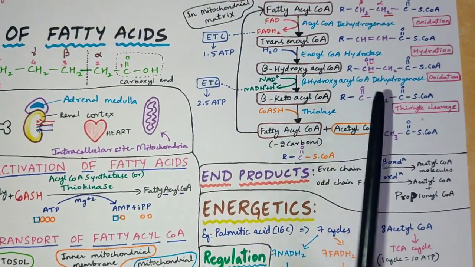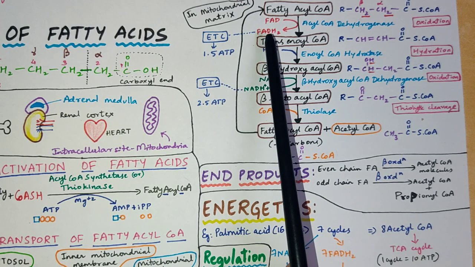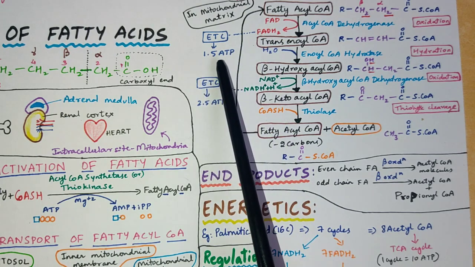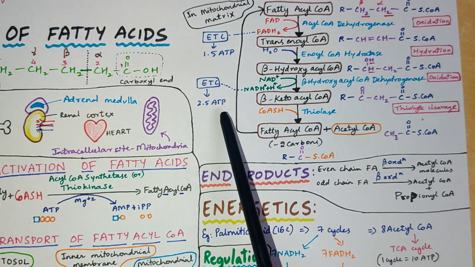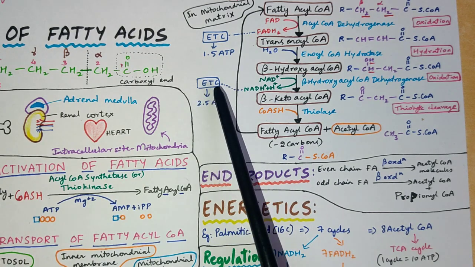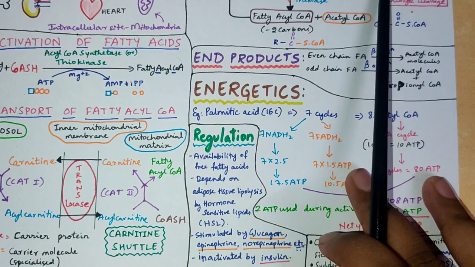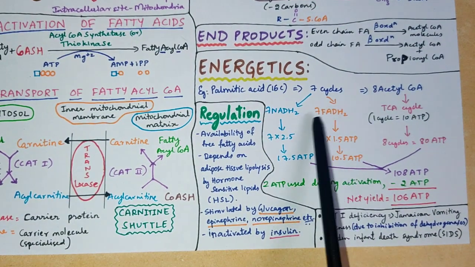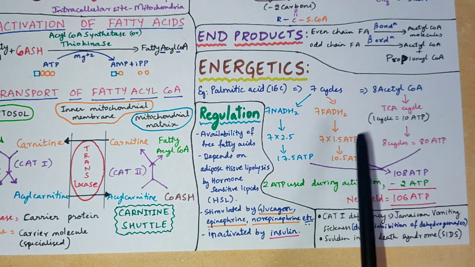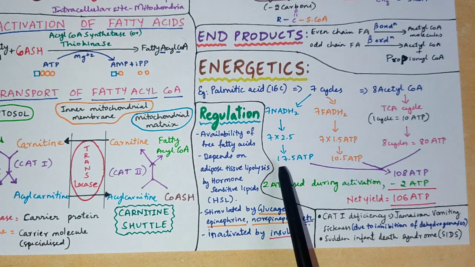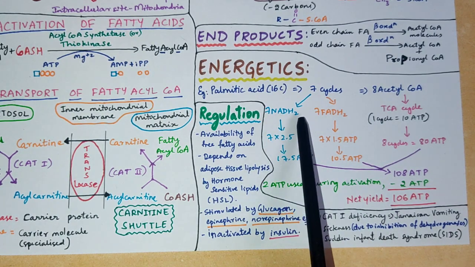As we all know, 1 FADH2 will give 1.5 ATP and 1 NADH2 will give 2.5 ATP when it goes through the electron transport chain. So here 7 FADH2, that is 7 into 1.5 ATP, will give us 10.5 ATP. In the same way, 7 NADH2 is obtained.